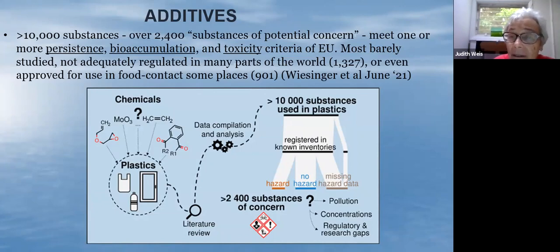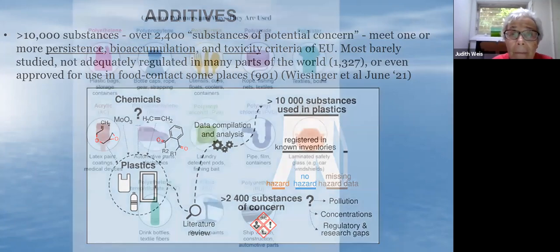The vast majority of these chemicals are not adequately regulated throughout most of the world. Some of them are actually approved for food contact use in some places. So this is calling attention to these additive chemicals that one doesn't think about very often.